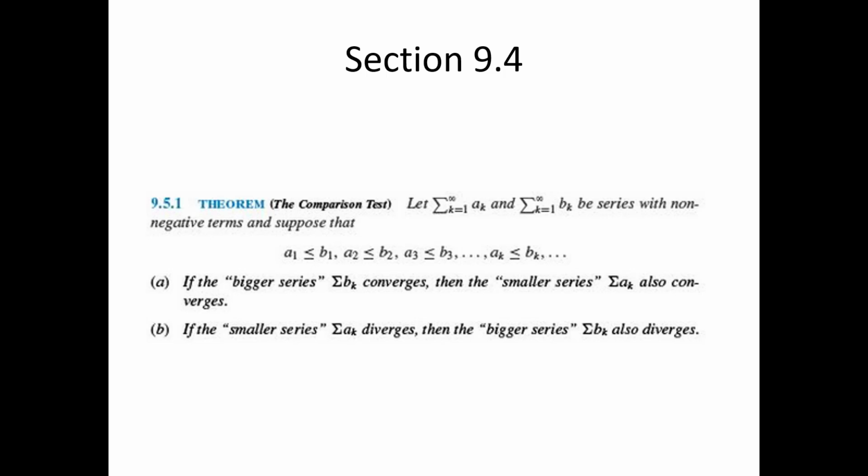So you have two series, a sub k and b sub k, and basically if the bigger series converges, then the smaller series also converges, and if the smaller series diverges, then the bigger series also diverges. These tests are a little bit challenging because they require some intuition, and you only get that with practice and experience. And there's no algorithm on how to do this, so we'll go through a couple of problems here.